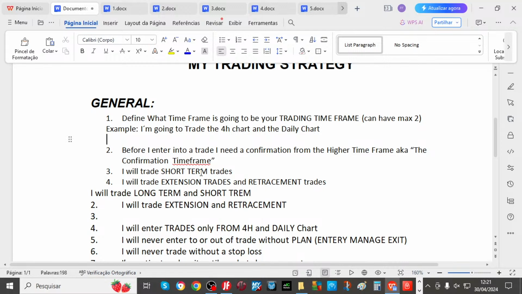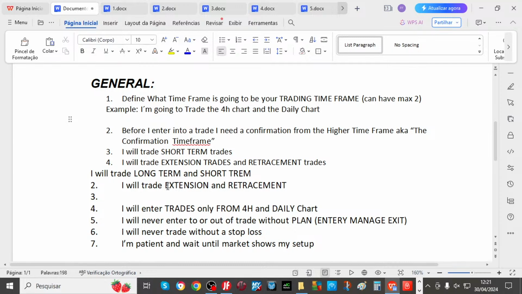I will trade short-term trades. I will trade extensions and retracements. I will enter trades from 4-hour and daily, so we covered this one. I will never enter in or out of a trade outside my trade plan. I will never trade without, so we're defining general rules so far.